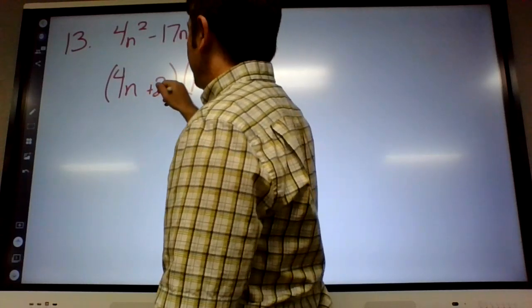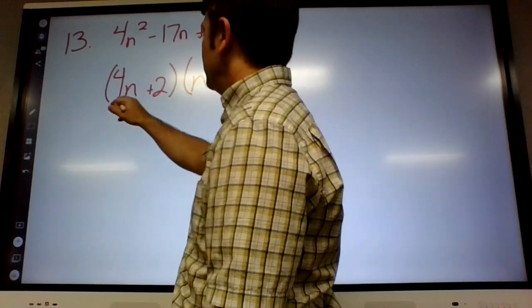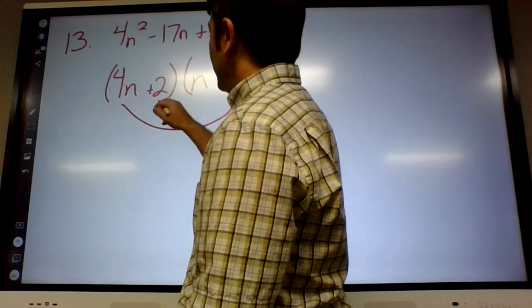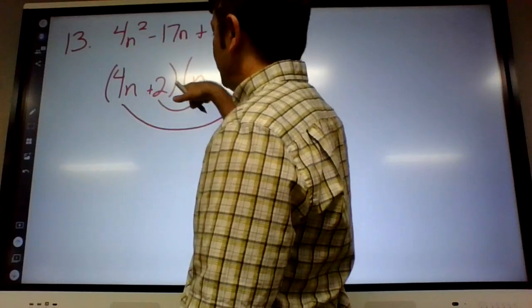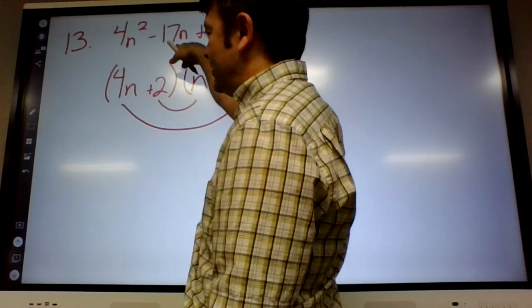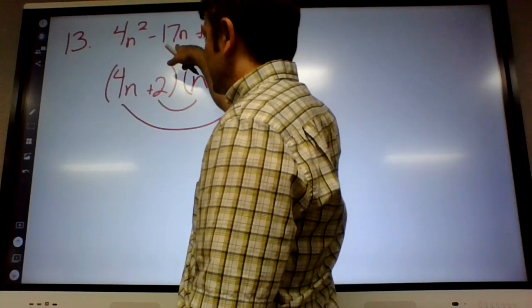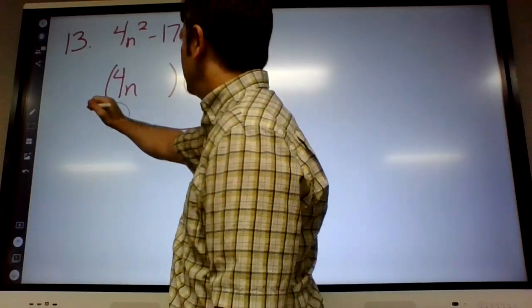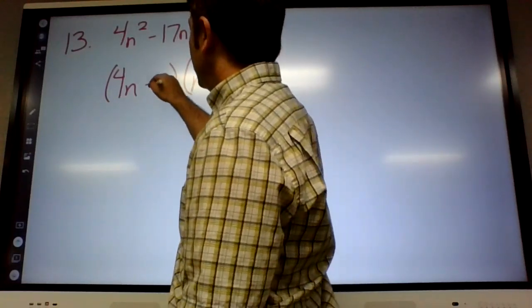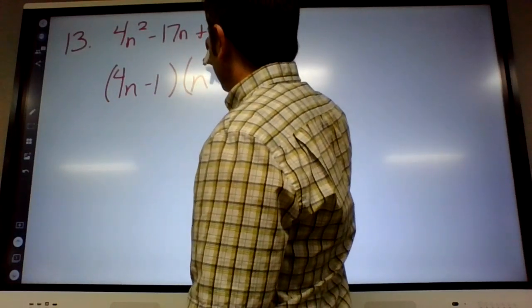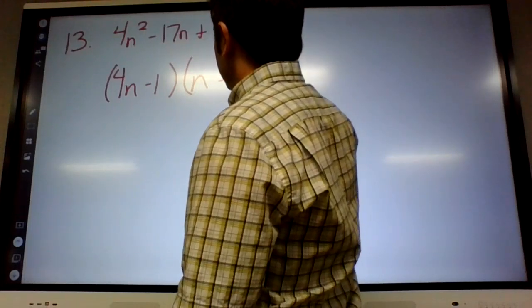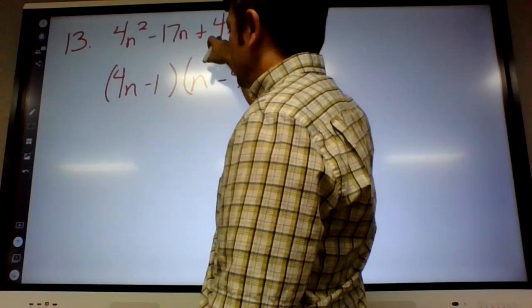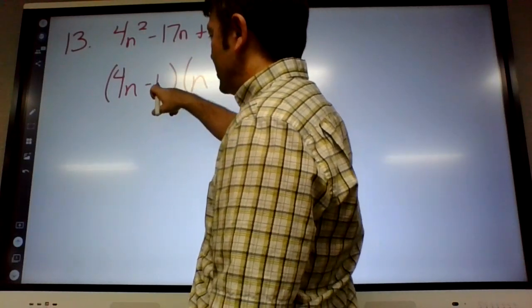Okay, if I use 2 and 2, it'll be 8n plus 2n is 10n. If I use negatives, it would be negative 10n. So 2 and 2 does not work. Negative 1 and 4. Negative 1 and negative 4. To multiply to a positive 4, they both have to be positive or both negative.